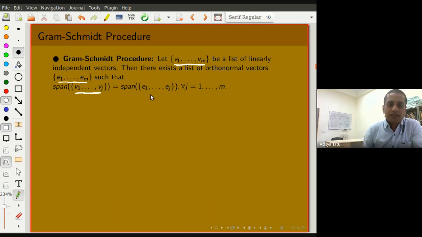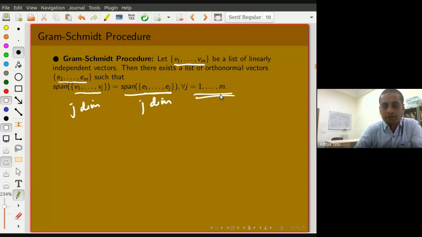Similarly, if I pick the first j corresponding vectors from the set of orthonormal vectors that this process gives me, this will also span a j-dimensional subspace. Not only that, this Gram-Schmidt procedure ensures that both these subspaces are exactly the same, not only for a specific j, but for all j's going from 1 to n. That is what is important about this process.